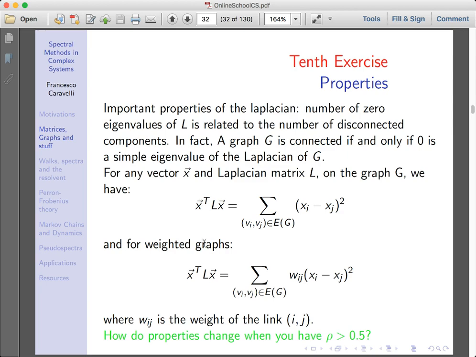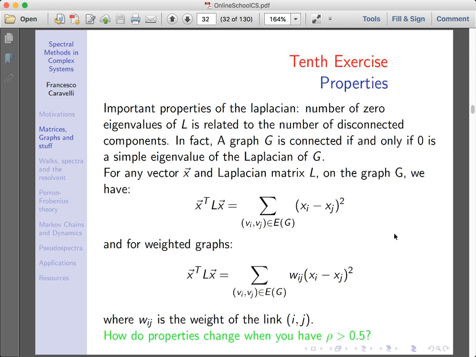Suppose you squeeze the Laplacian between two vectors x transpose and x. It's not too hard to see that this is equal to the sum over all the possible links of the graph of (xi minus xj) squared, given the vector x. And this is a positive sum because it is a sum over squares of real quantities.